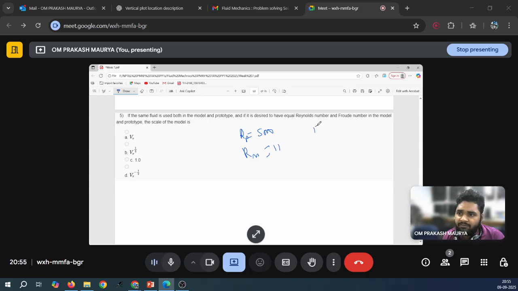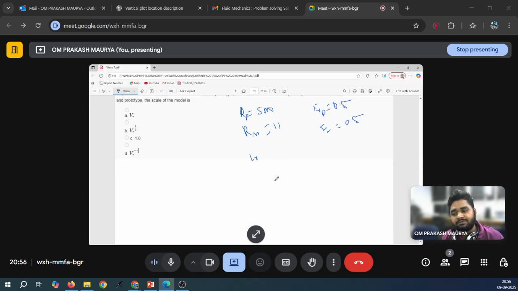If your prototype has Froude number 1, or let us say 0.5, then the Froude number of your model should also be 0.5. These two conditions are given here. So the scale of the model, Lr, is being asked. So you have to remember these two things.